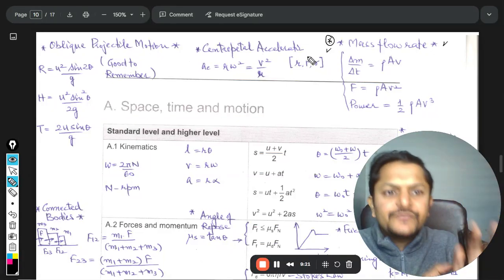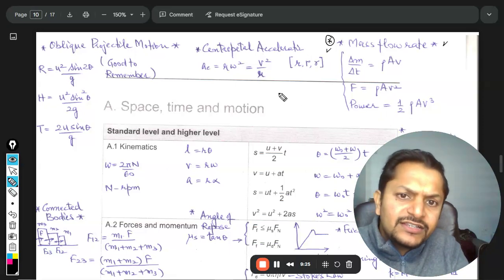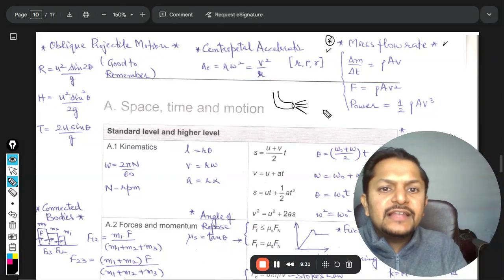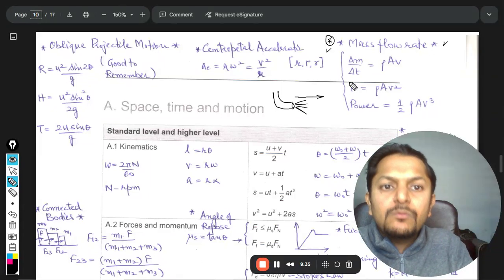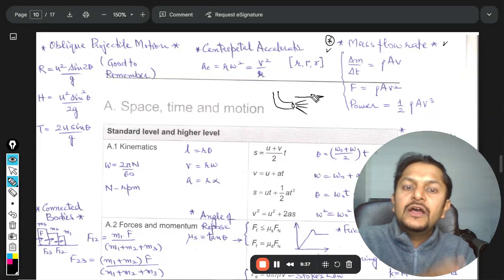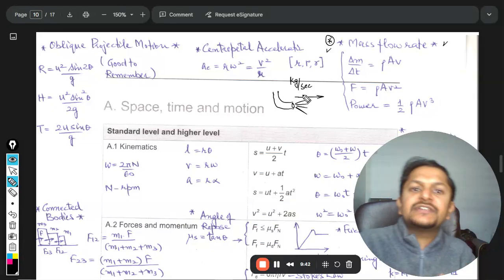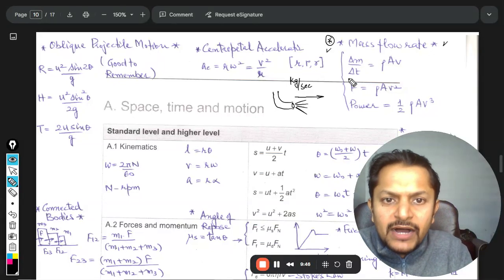I have given only three formulas to remember. Let's say there is a nozzle and water is gushing out of it, and you want to find the mass flow rate of the water. The unit will be kg per second, like 5 kg per second of water coming out of the nozzle.